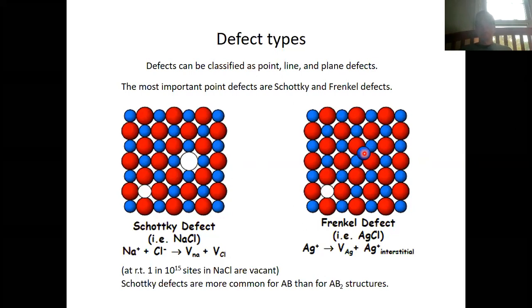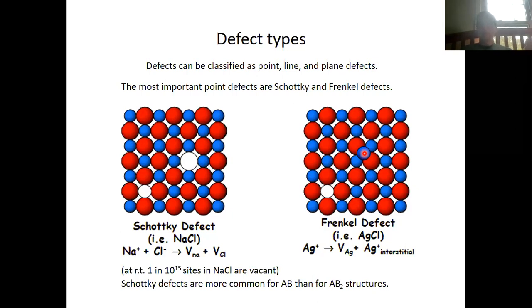So I also said that Frenkel defects mostly occur for cations, rarely for anions, and that is because cations are typically smaller than anions, so they can be dislocated to an interstitial site more easily.